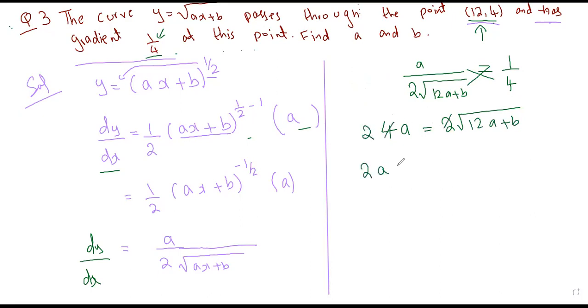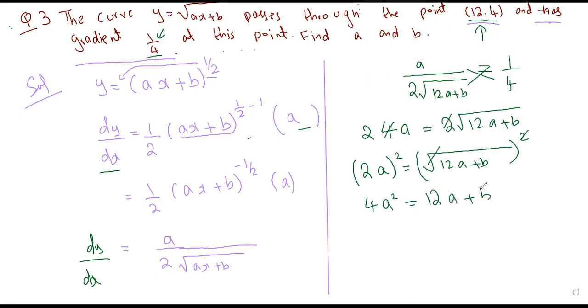I can take squares on both sides just so I get rid of the under root sign. 2 squared is 4, a squared is a squared, and then 12a plus b. This is what I am going to get. This is the first equation.